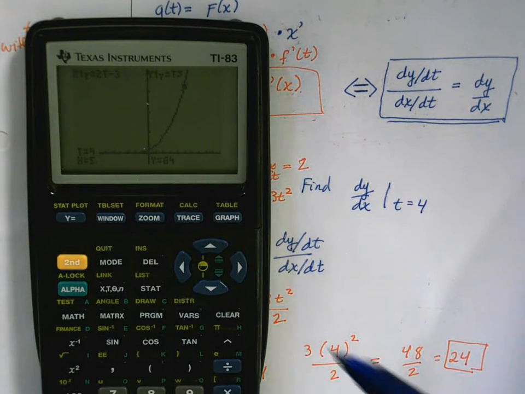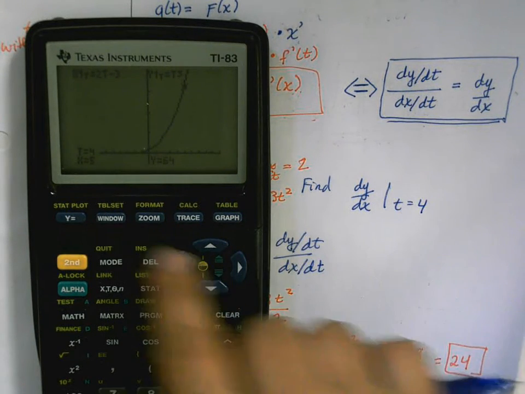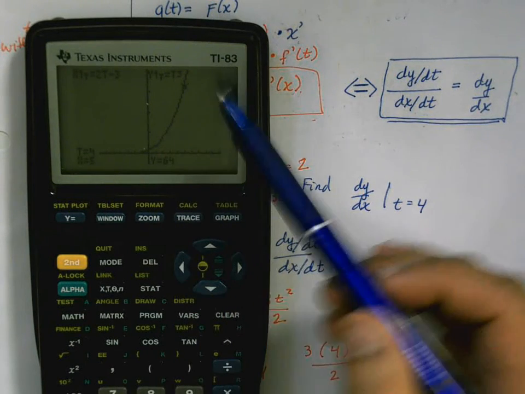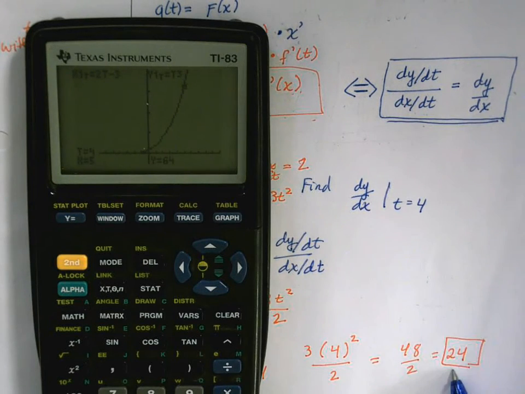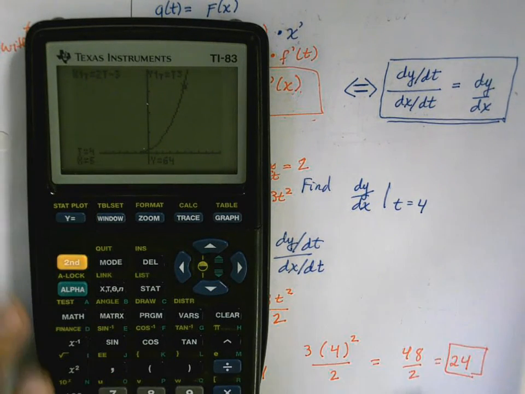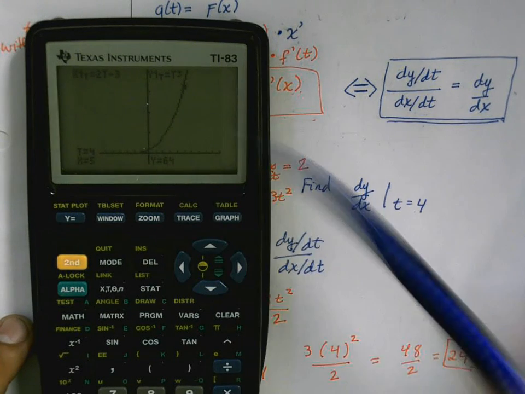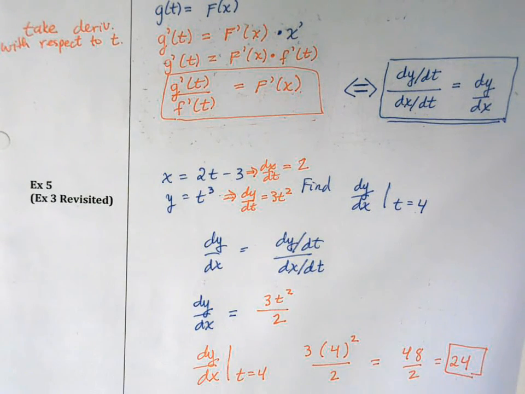So t helps us figure out how fast this graph changes with respect to time, but in terms of its slope, y and x, it's still 24. And at the moment when time is equal to 4, the slope of this graph is equal to 24. So that's a little bit of interpretation and meaning there.